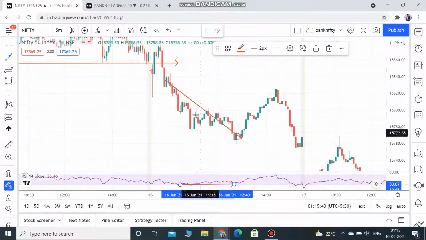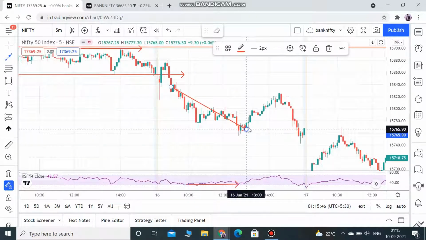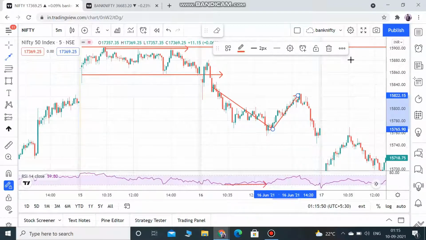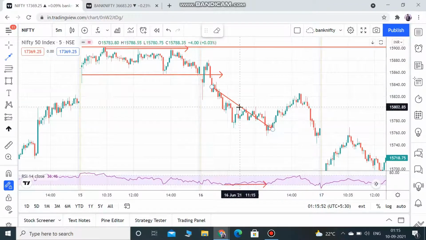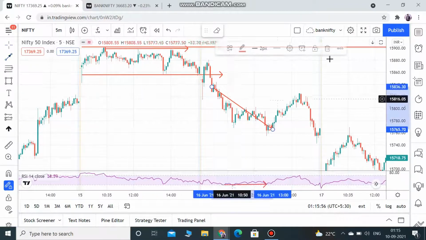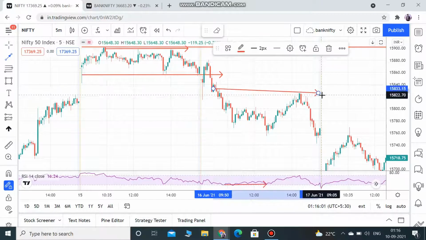So once you see that there's a flow in the market on the downside, and then you see an upside, let it go till wherever it has to reach. It will have its own destination, or it will have its own resistance like this.